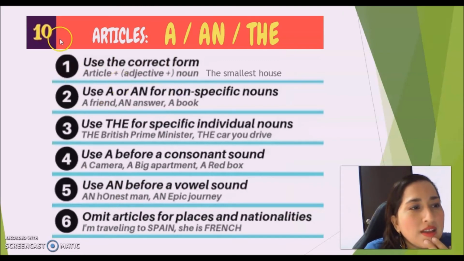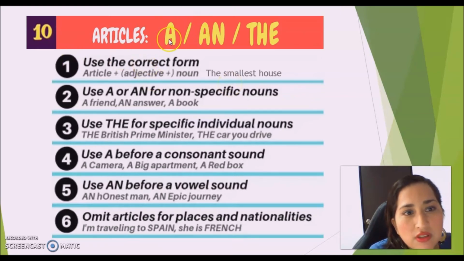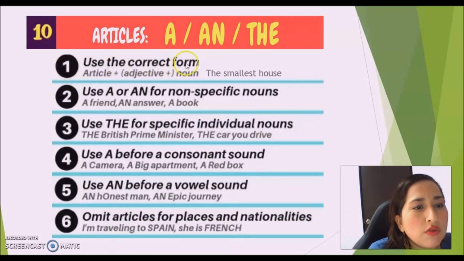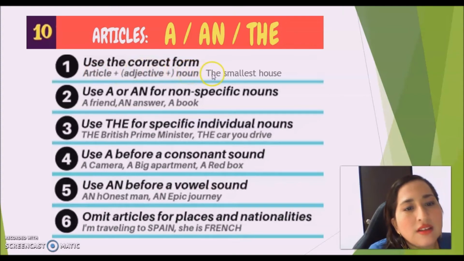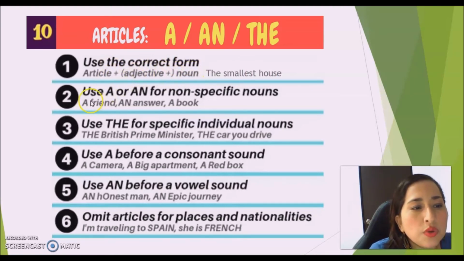Okay? Number 10, articles. What about articles? In English, we have three articles: a, an and the. Use the correct form. Article must precede an adjective or noun. The smallest house. We use a and an for not specific nouns: a friend, an answer, a book.